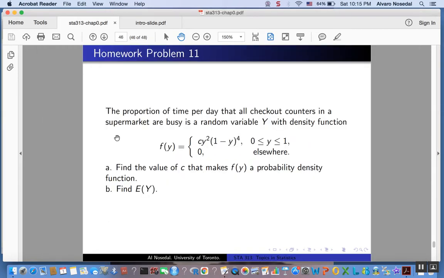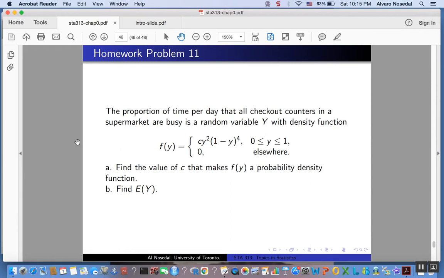So this is the problem I would like to solve with you. In this case the random variable of interest is the proportion of time per day that all checkout counters in a supermarket are busy.